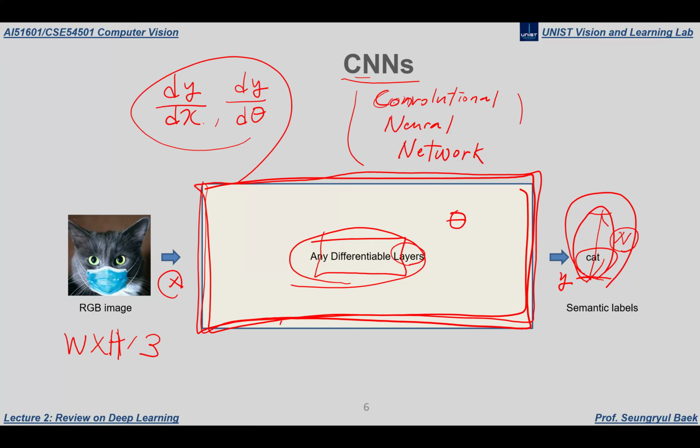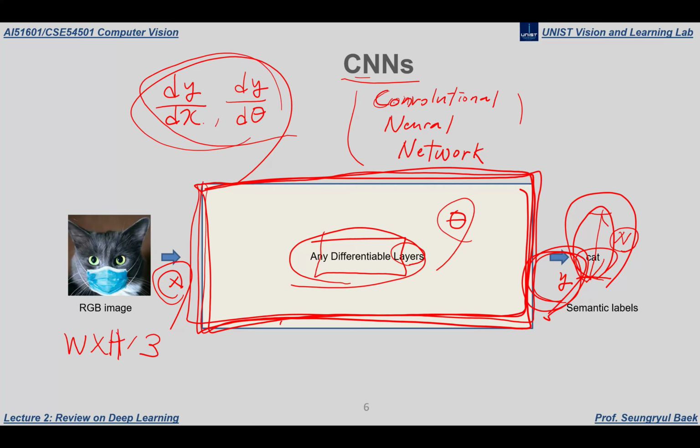If some layers meet these two conditions, we call those layers differentiable layers. Okay, are you guys understanding this? I mean, when given a layer and the layer's output y is differentiable with respect to its input, and its output is differentiable with respect to its intermediate parameter vector, layers that meet these two conditions we call differentiable layers. And if layers are differentiable, we can train those layers. We can train their parameter vector.